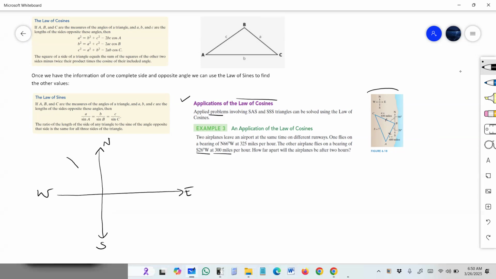One plane flies this way, and the angle here is north 66 west, so this is 66 degrees, and it's going 325 miles per hour. The other one is going south, going down, 26 west. West is here, so I'm going 26 degrees in that direction.